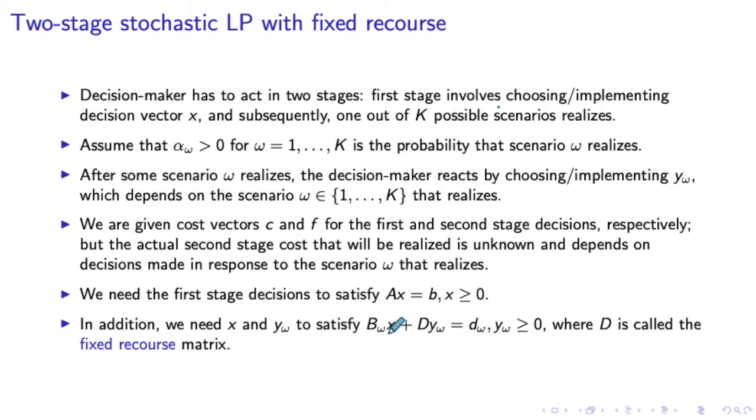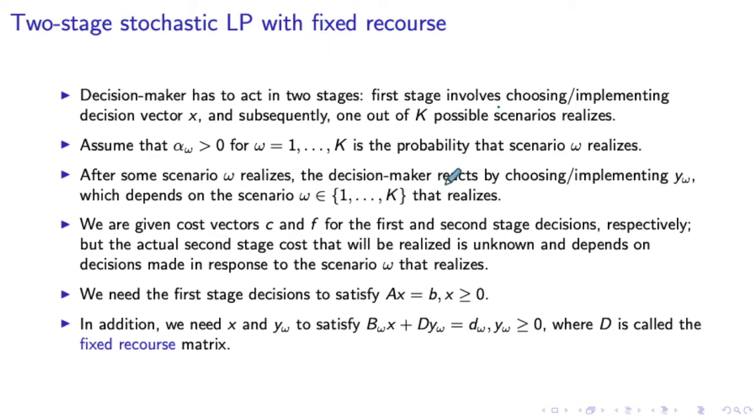So here B omega is the part of the constraint matrix corresponding to the x variables, then D matrix is the fixed recourse matrix. So this part corresponds to the second stage decision variables in the constraints, and this actually gives the name to our problem. So this is a two-stage stochastic LP with fixed recourse.